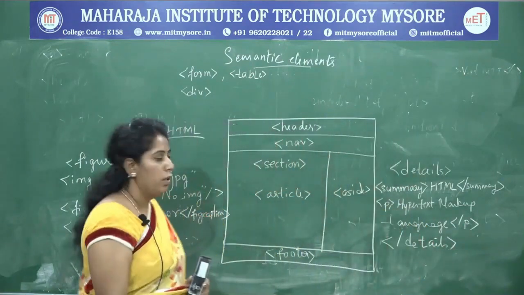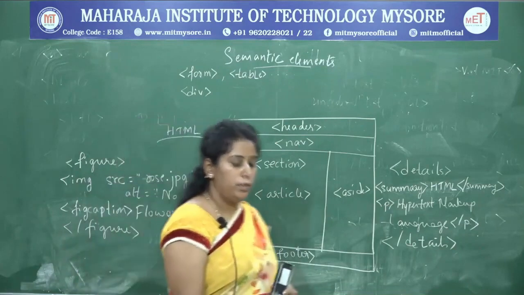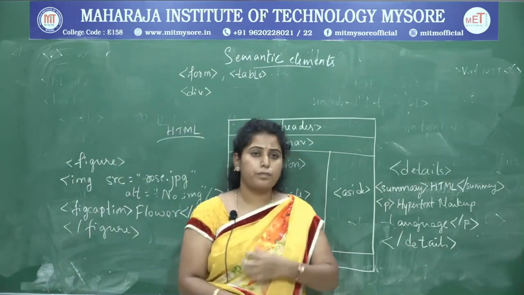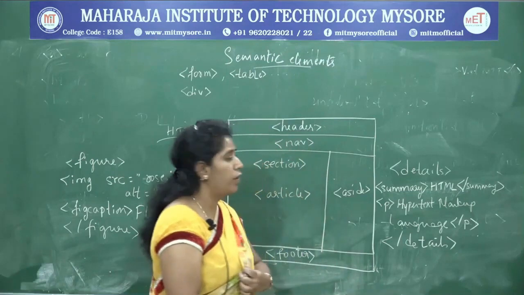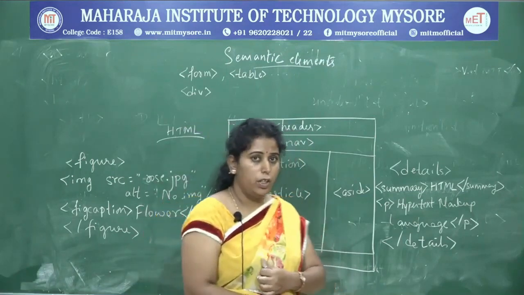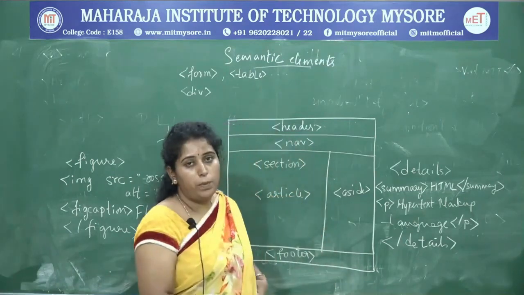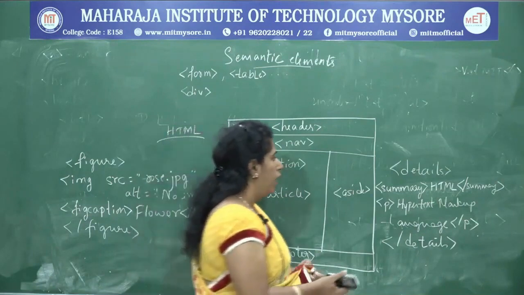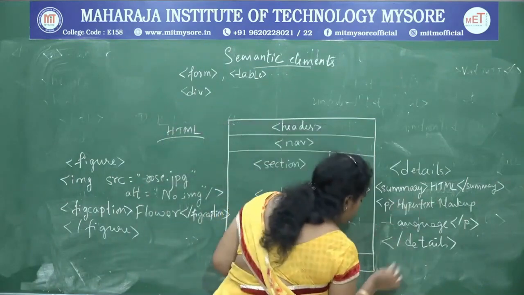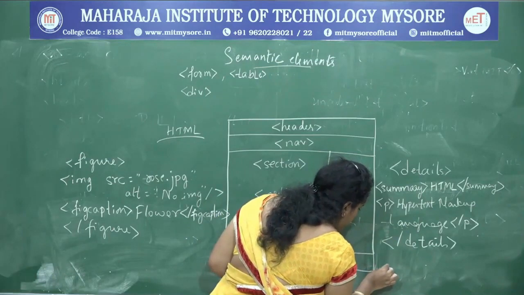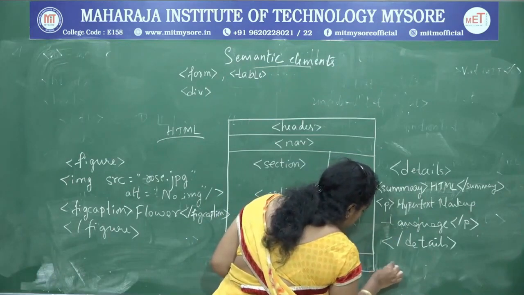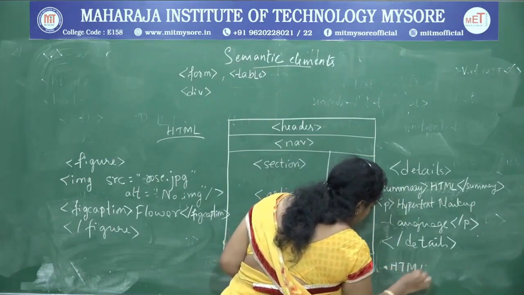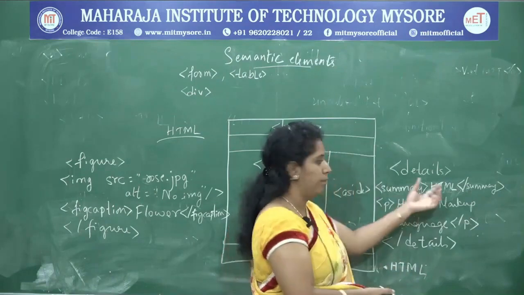So now I told you, right, details is used for providing detailed information. On demand, the user can open or close that document. How? Take HTML. Once you run this, you can notice a symbol will be provided and anything within the HTML will be printed like this.